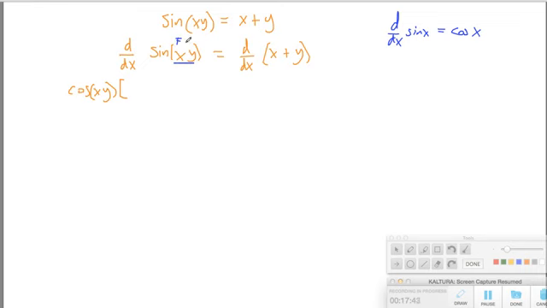We've got a first function and a second function. So the product rule tells us this is derivative of the first times the second plus first times derivative of the second. So the first function, the derivative is 1. Second function left alone is just y.